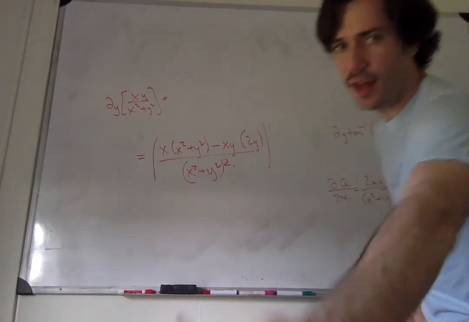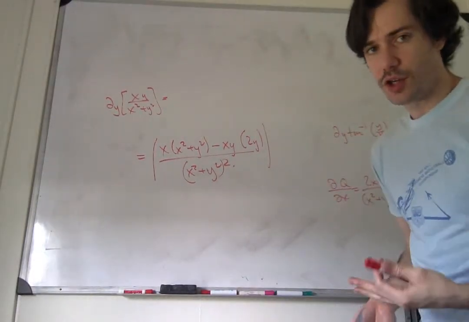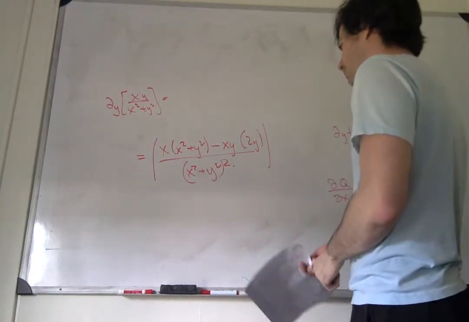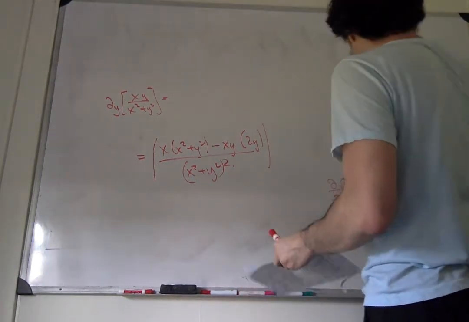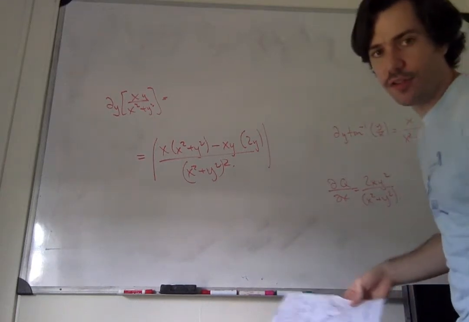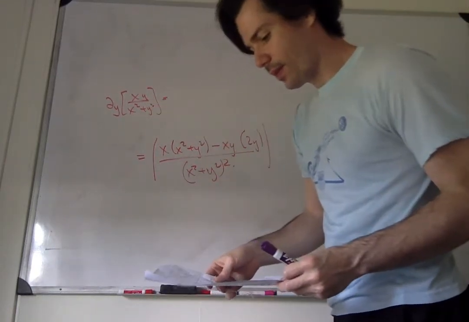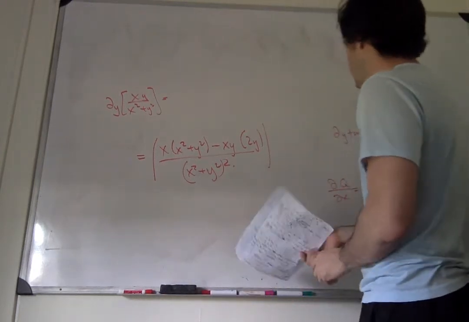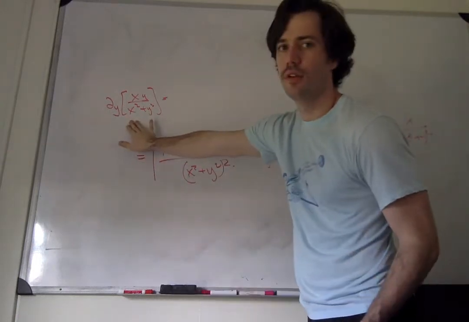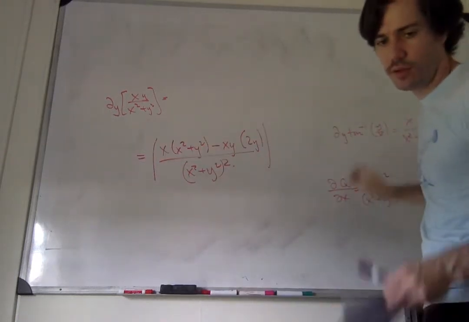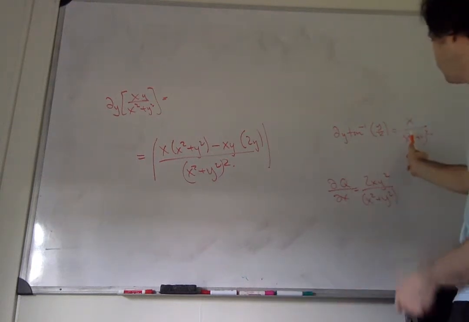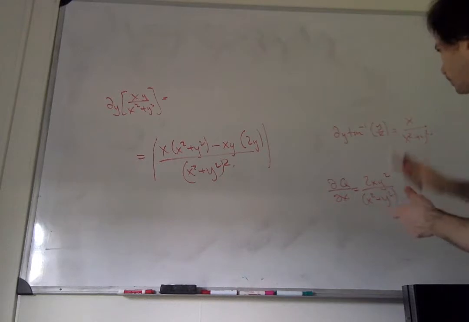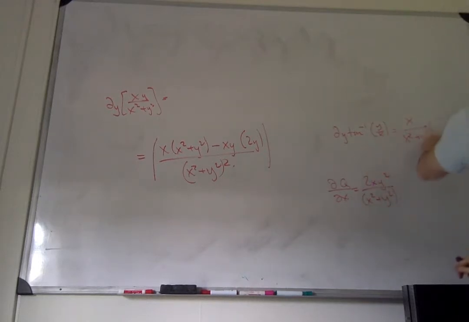If you don't follow that, you can just pause the video and look up the quotient rule, and you'll see that that's exactly what it is. Remember, I have to get the full derivative of p. So it's going to be the sum of this plus this. Now this right here, I can multiply the top and the bottom by x squared plus y squared, like this.